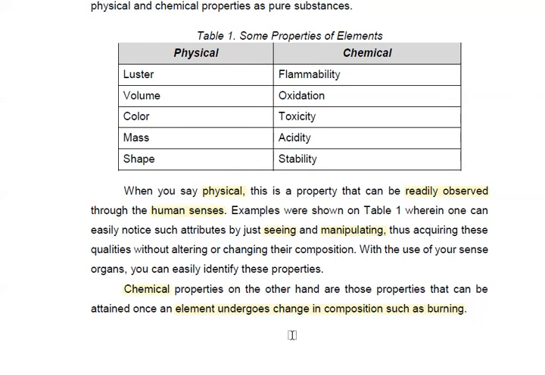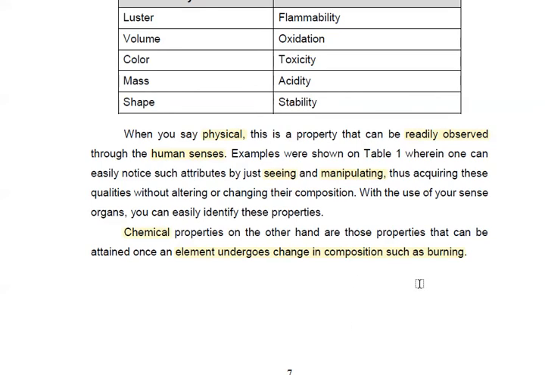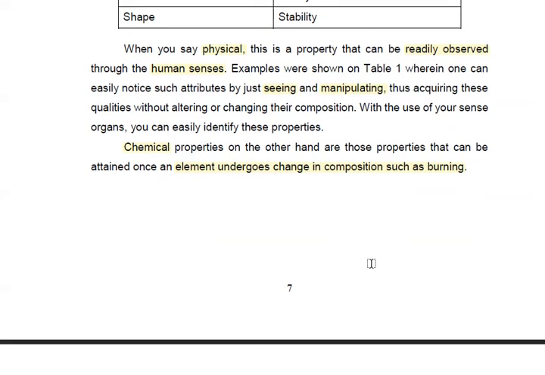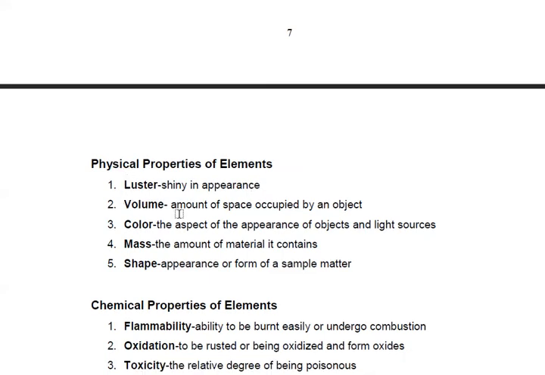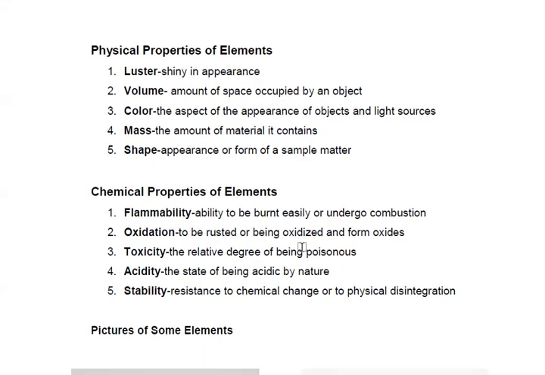When an element changes, like in burning, that will then give you the chemical property. Alright. So these are the definitions of the differences between luster, volume, color, mass, and shape, and of course, the chemical properties.